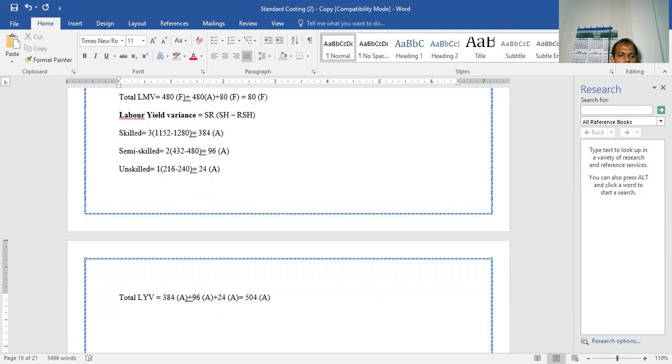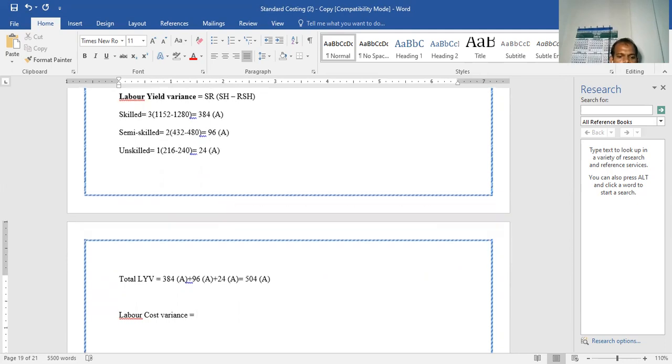Okay. Now let us calculate labor cost variance and labor efficiency. We already calculated it, we're just cross checking it.